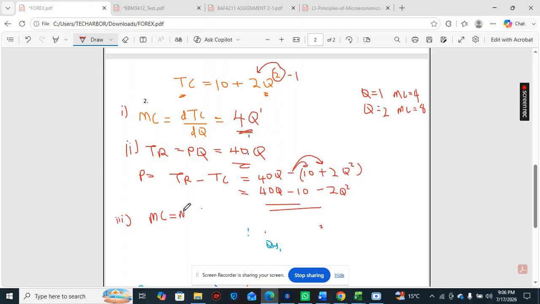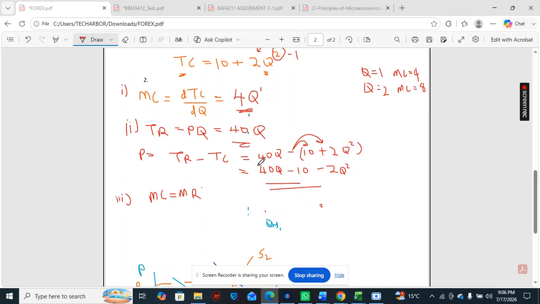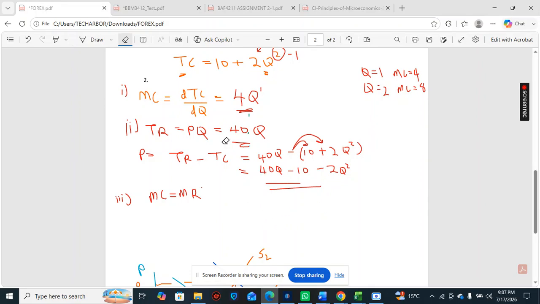You produce the quantity where marginal revenue equals marginal cost, and that's when you get your highest profit. So we already have our marginal cost here, it's 4Q, but we don't have our marginal revenue. So marginal revenue, which we said is the additional revenue you get, the extra revenue per unit. That is your marginal revenue.